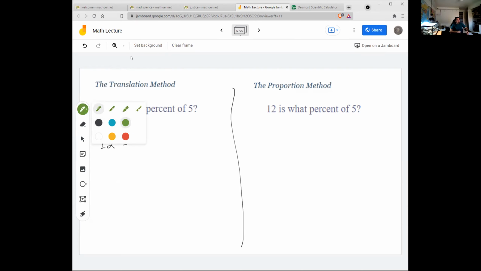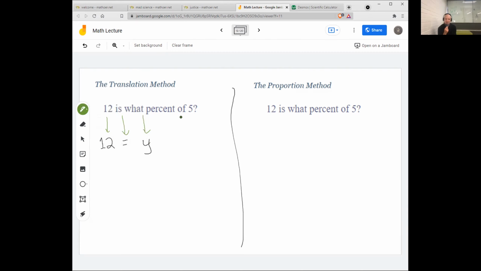What is our variable? So that would be y. The word percent you don't translate into anything. I'll leave it as a percent sign for now, perhaps. No, don't even put a percent sign. Okay. Of is multiplication times. And 5 stays 5. Everyone with me?